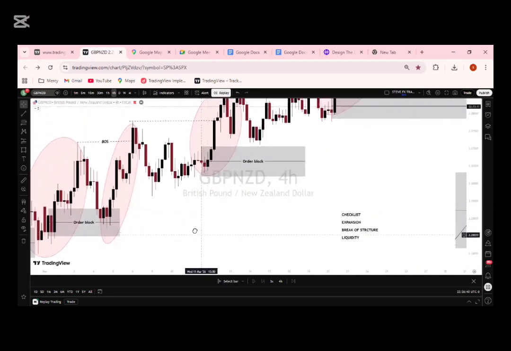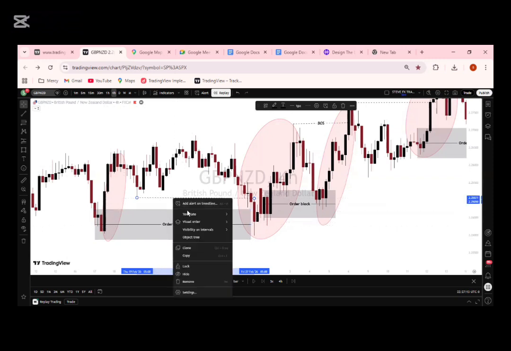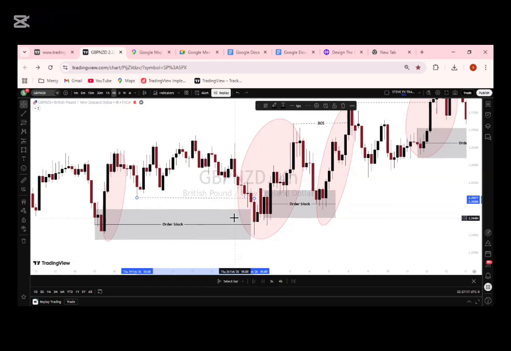So if we come to this particular side and we consider this other block, you can see that we had this particular move over here, but it did not really mitigate the zone. So this one is a liquidity or an inducement. Mostly I like to use the inducement because my understanding of inducement is that it's a liquidity closer to an order block.